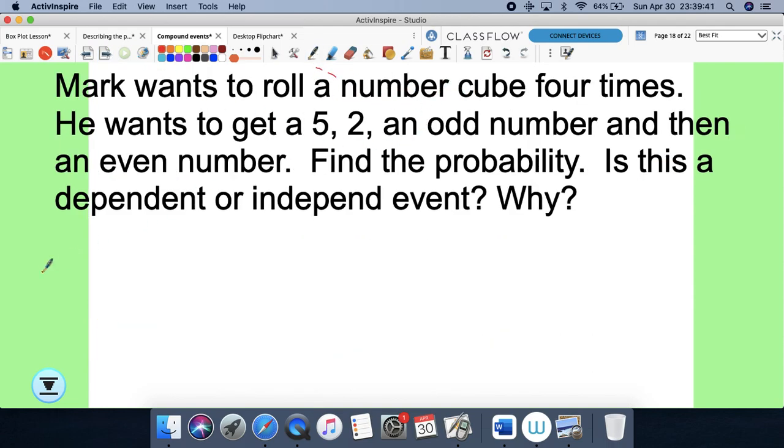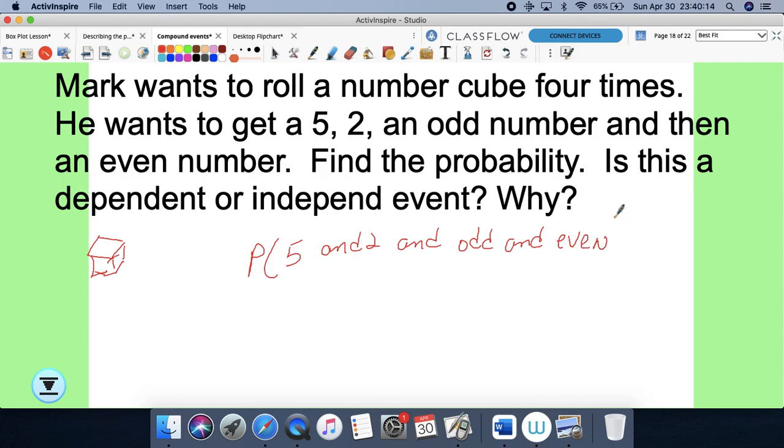Here's a number cube. So we have a cube, really every cube, right? A die. I'd rather call it a die. Here we have a die. He wants to get a 5, then a 2, then an odd number, and then an even number. 5, all right, and then a 2, and an odd, and then an even number.